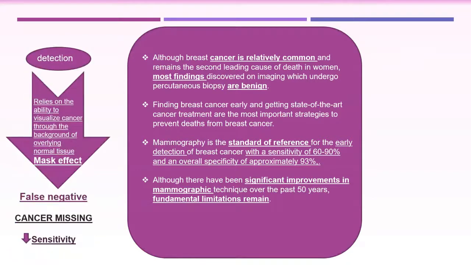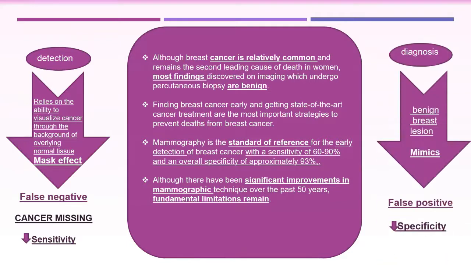In the last sessions, we talked about the detection of breast cancer, pitfalls, and we said that detection relies on the ability to visualize cancer through a background of overlying normal tissue that can result in a mask effect, reducing the mammographic sensitivity and obscuring underlying lesions, resulting in a false negative and therefore a missed cancer.